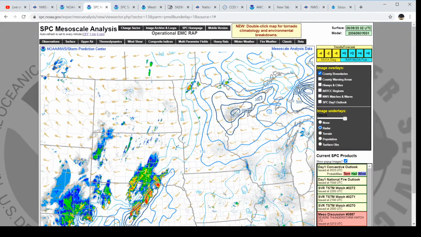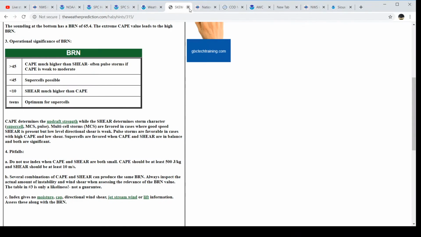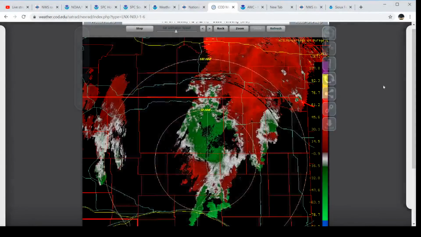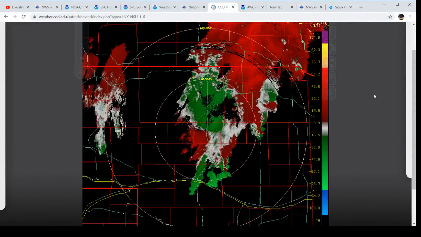Very interesting. But it has to overcome some convective inhibition now because of the cold pool of these storms. Severe thunderstorm warning for South Dakota. And these storms are looking very linear.